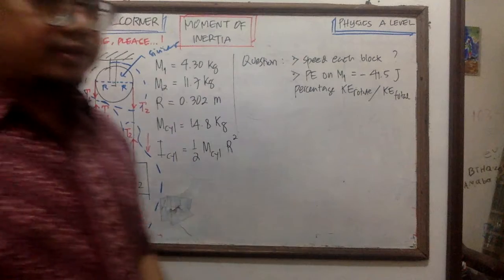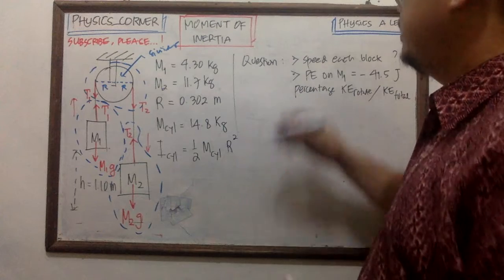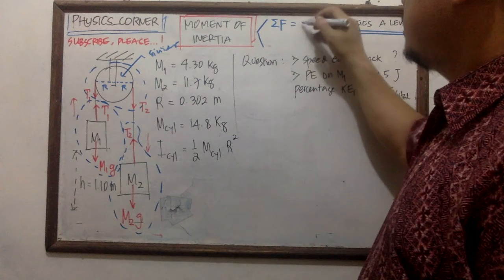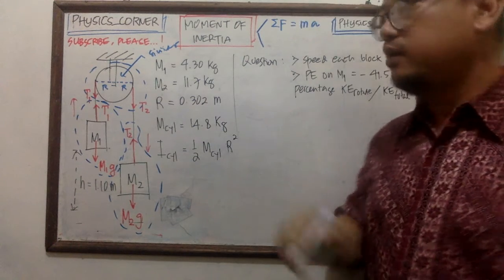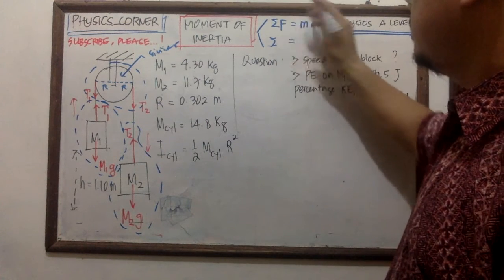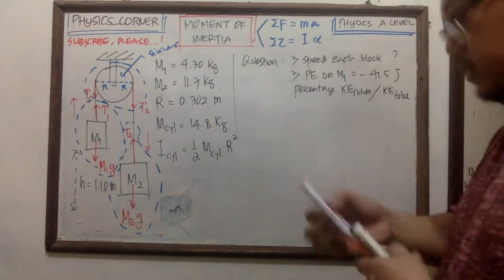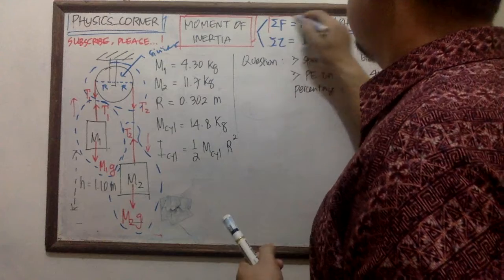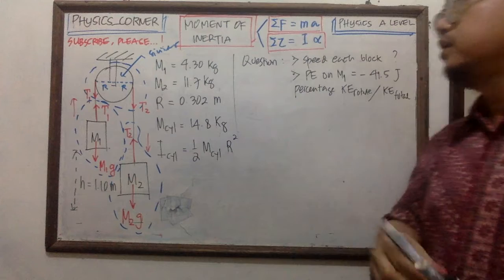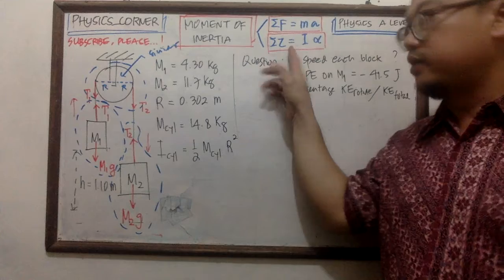So we have the theory of moment of inertia, with two conditions. For the first, total force equals ma, and for the second, total torque equals I alpha. We will solve this question with these equations. The first is for mass 1 and mass 2, and the second is for the cylinder.